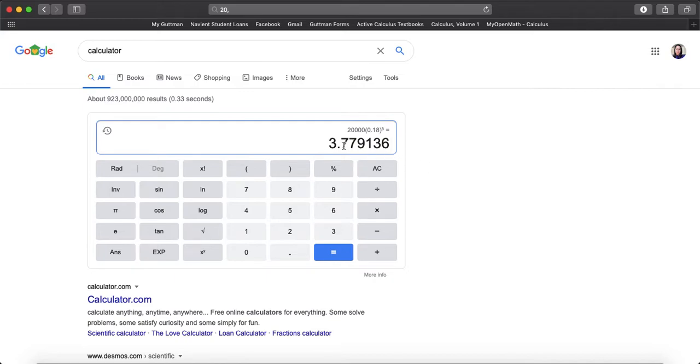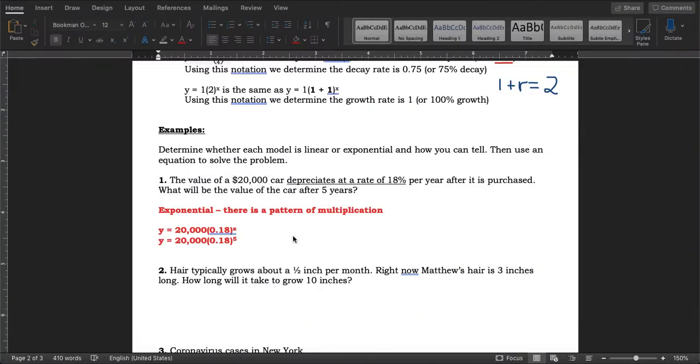This is $3.78. The value of the car can't possibly be that small. Given that the percentage is not that high, we're only losing 18% every single year. So we're not going to end up with a $20,000 car that goes all the way down to only $3.78 for its value. That also doesn't make any sense.